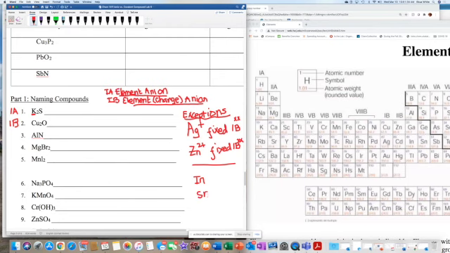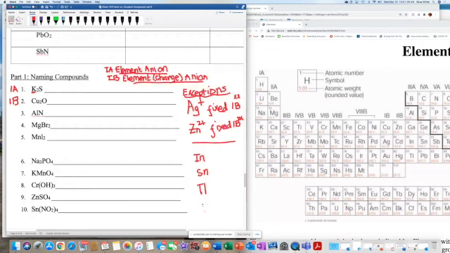These are ionic A, but they can form more than one charge. So it's mostly these four, but not only these four. You want to be aware of that.